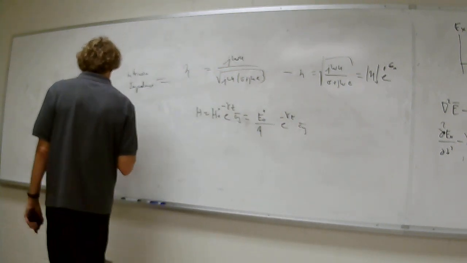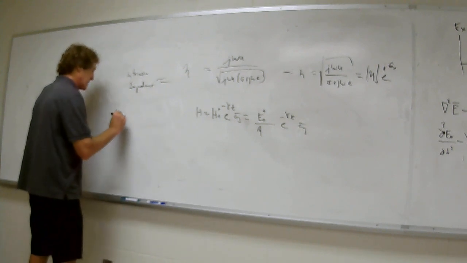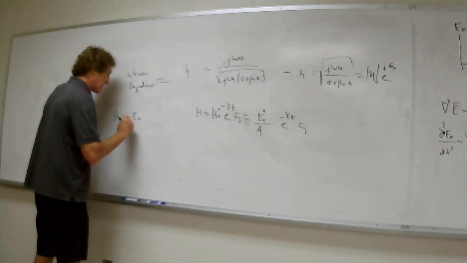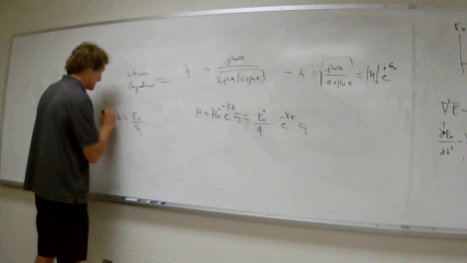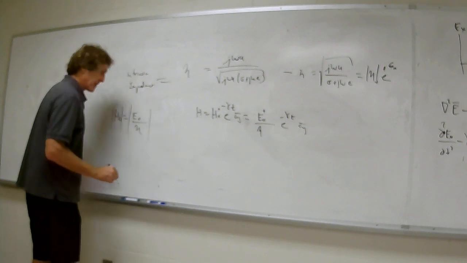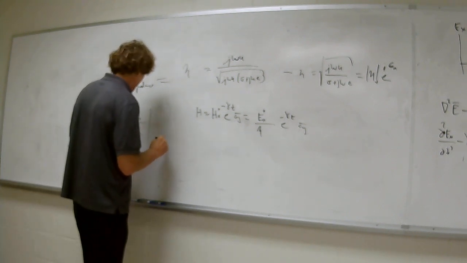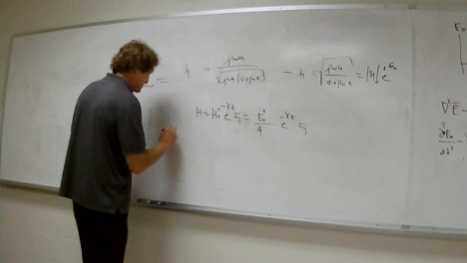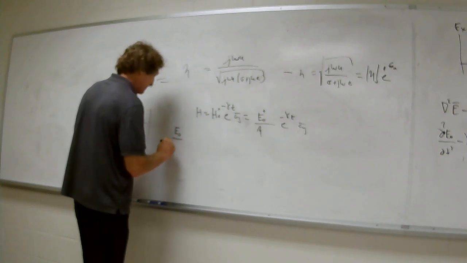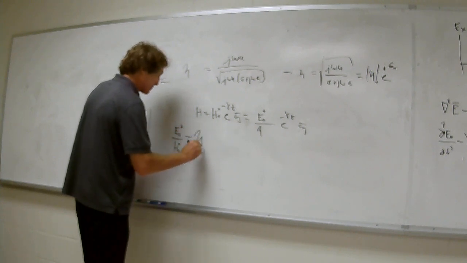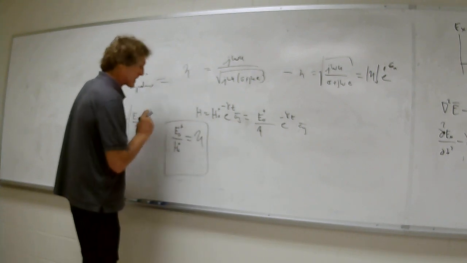And it means that H naught is equal to E naught over eta, and this is magnitude here. And therefore, the ratio of E naught to H naught for positive going waves is simply eta. And that's what you'll see.